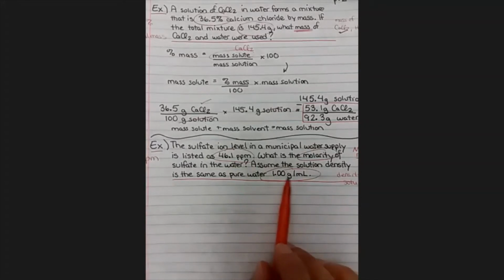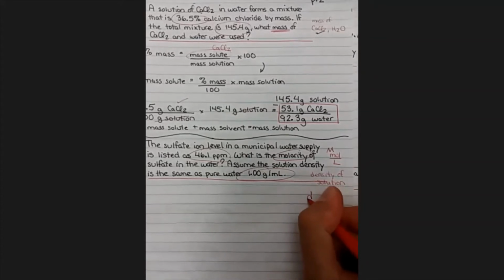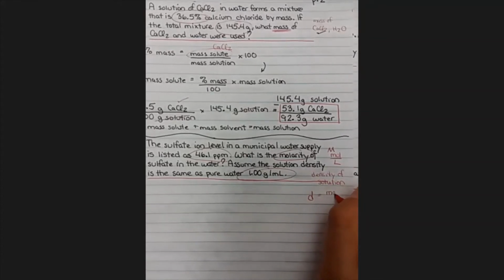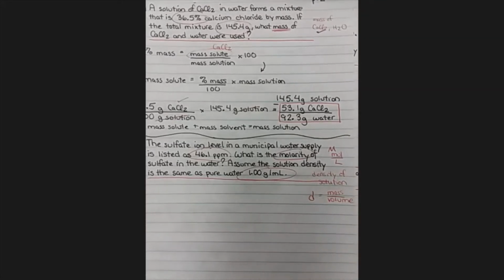We need to be careful to watch what those units specify. And the density is going to be particularly important when we're doing conversions that move between mass and volume. Because remember that density is equal to mass divided by volume. So it's going to allow us to convert between those two systems.